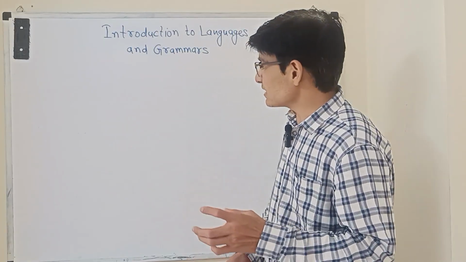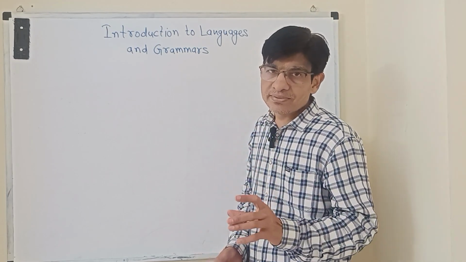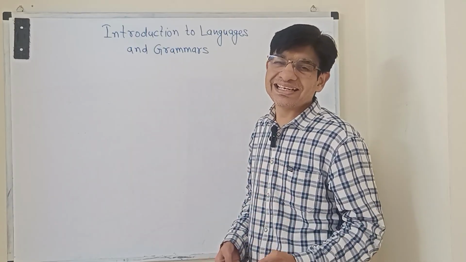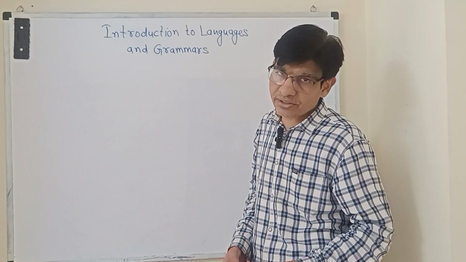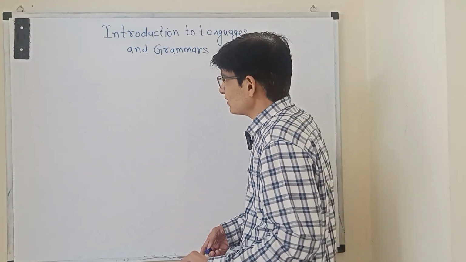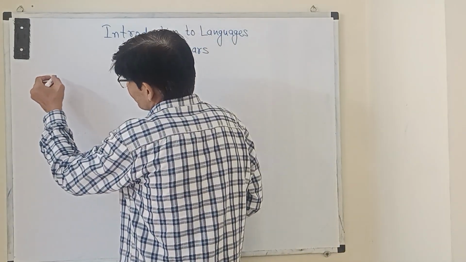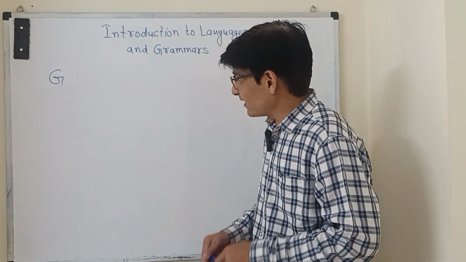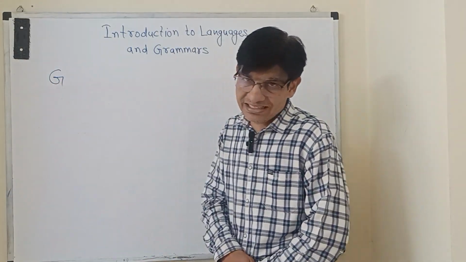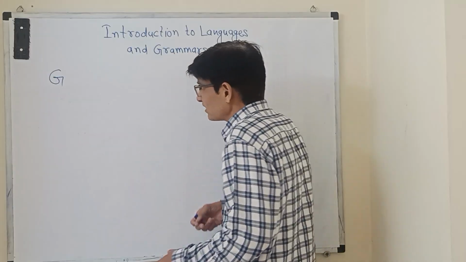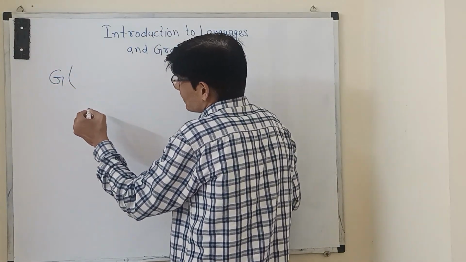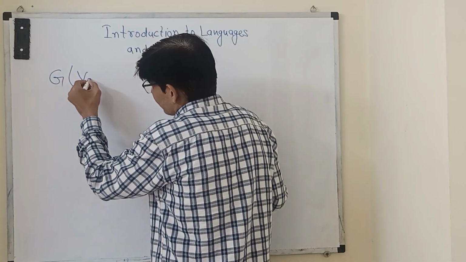Each grammar will have some components, whether it is human language or computer language. Suppose we are defining any grammar G in the form of different components; you can call them the tuples of the grammar.